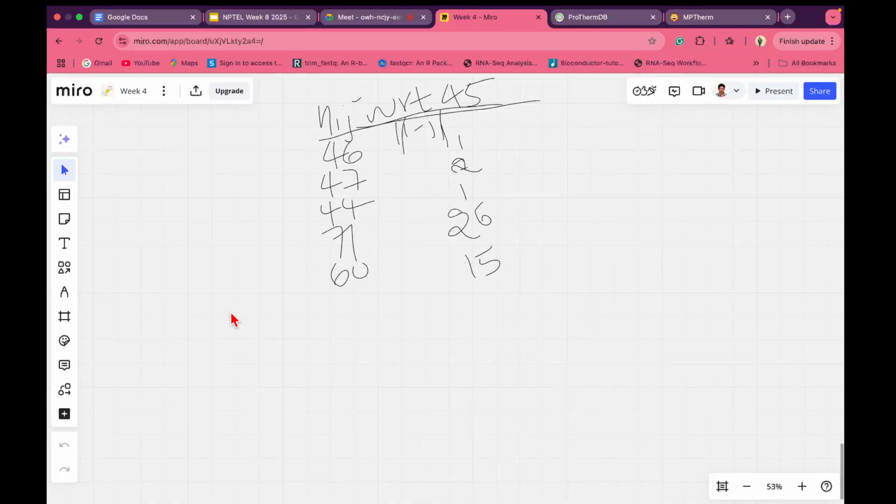So according to our condition, if i minus j is greater than 12, n value is 1. If not, it is 0.